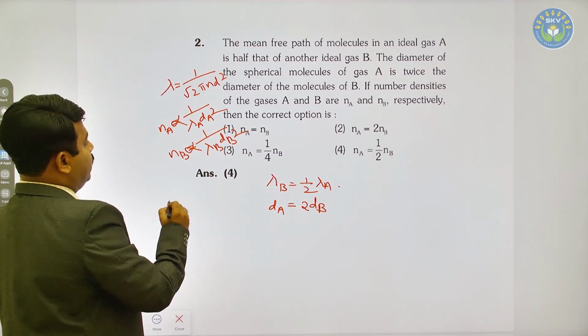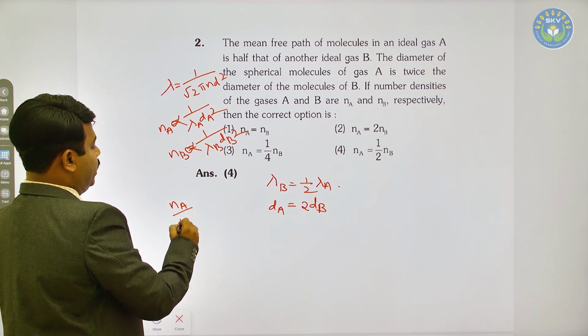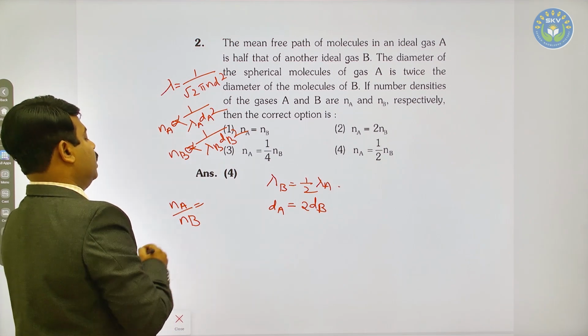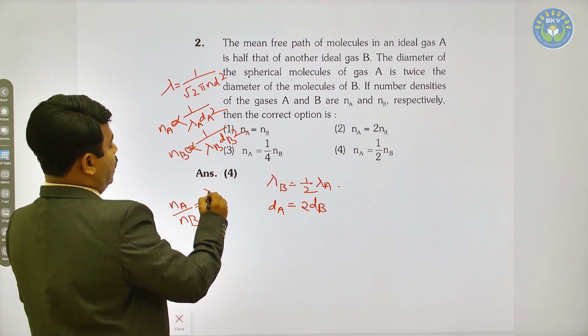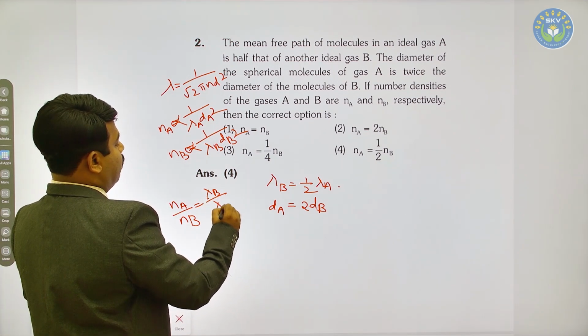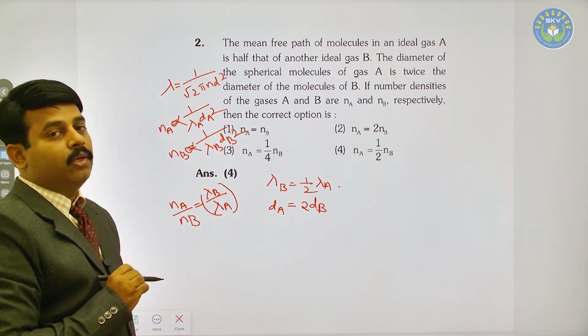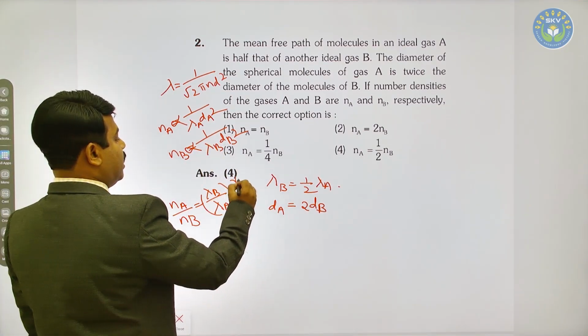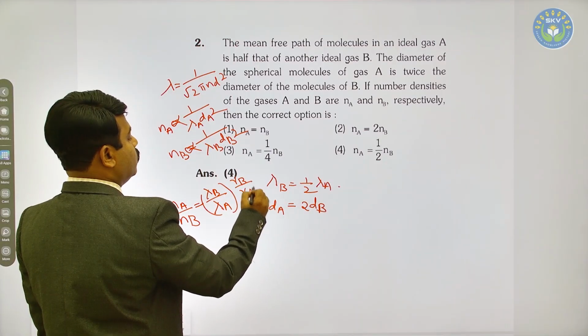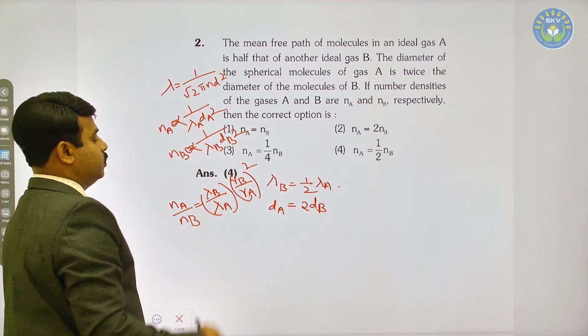So I can write nA by nB is equal to lambda B by lambda A into (dB by dA) the whole square, which I can write as (rB by rA) the whole square. Why? Because the diameter is twice the radius only.